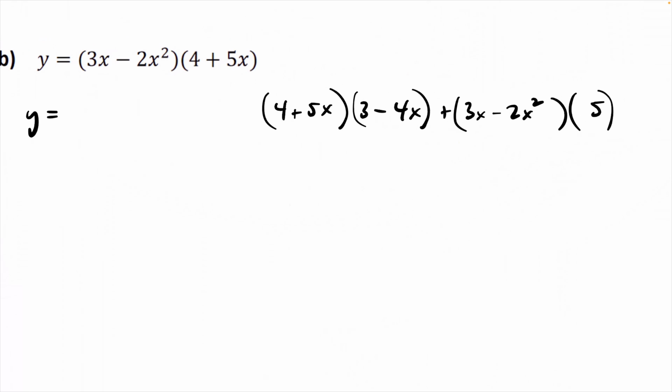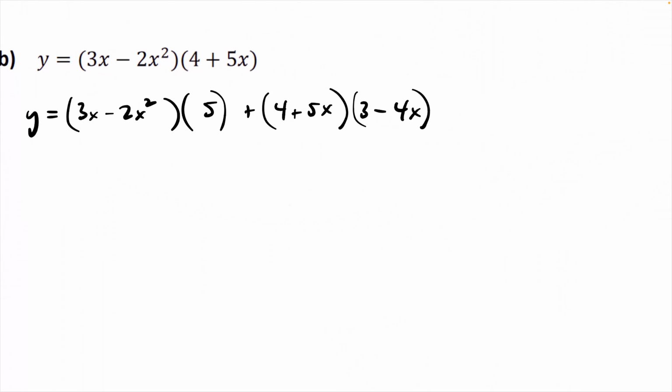When I'm adding or multiplying, order does not matter. When I'm subtracting or dividing, order does matter. The last rule we're going to talk about is the quotient rule. Order matters on that one because we're going to be dividing and subtracting. But for this one, since we're just adding and multiplying, order doesn't matter. You could flip-flop them, it's okay.